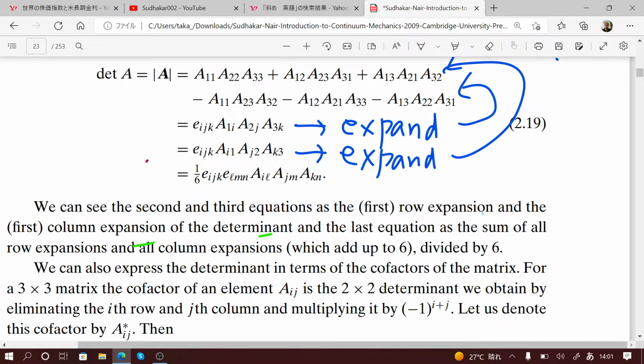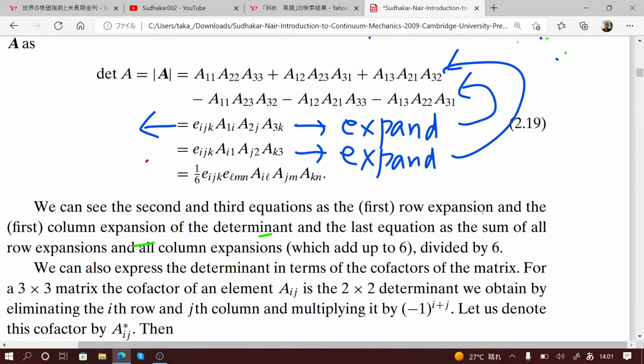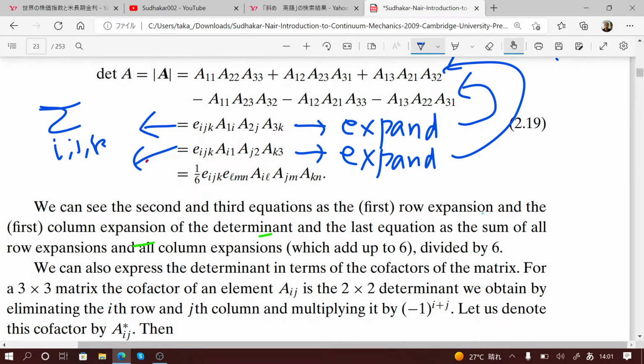I think this one is more like you sum over I, sum over J, sum over K. This is the same. You sum over I. So this is more like it's two things.